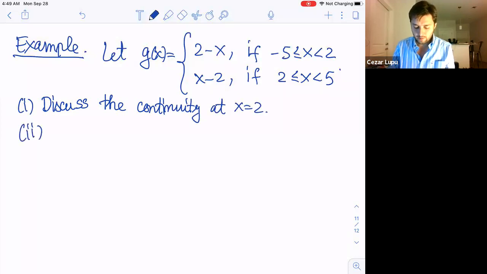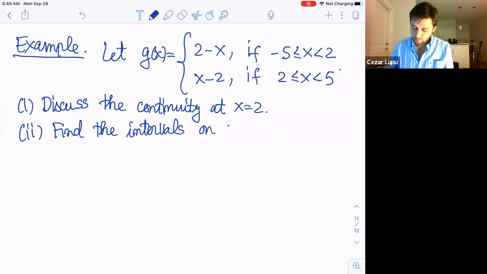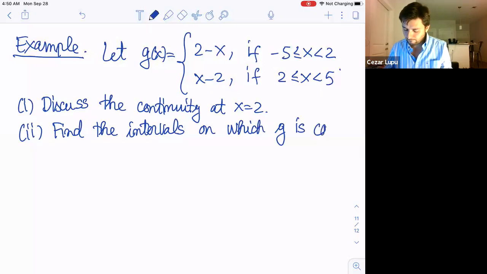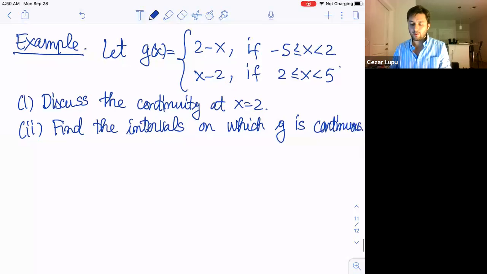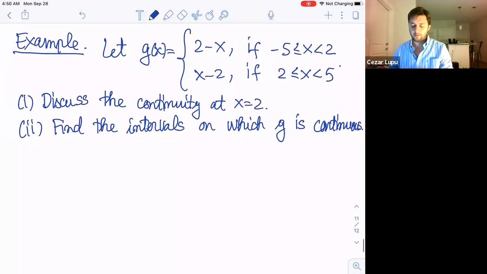And the second one is to find the intervals on which g is continuous. All right, so these are the tasks. We need to perform these two tasks for this problem. Let's look at it a bit.